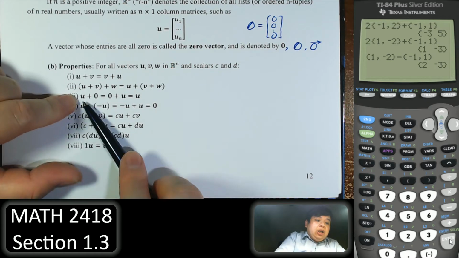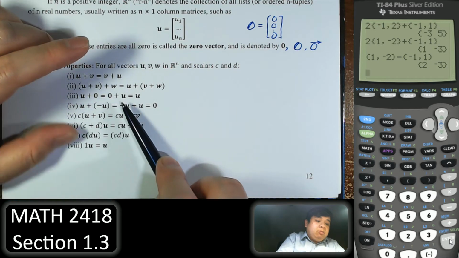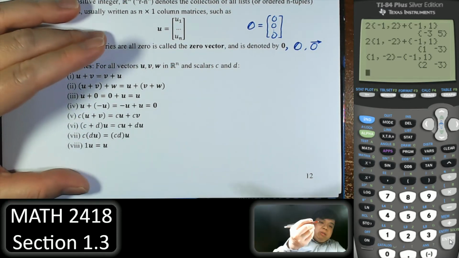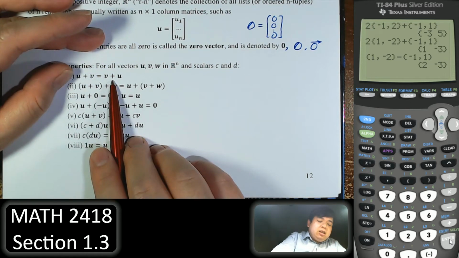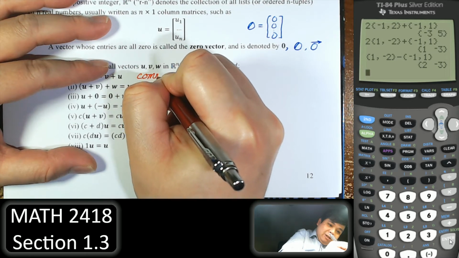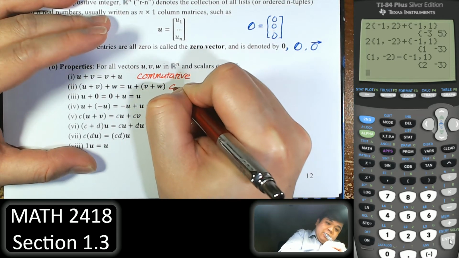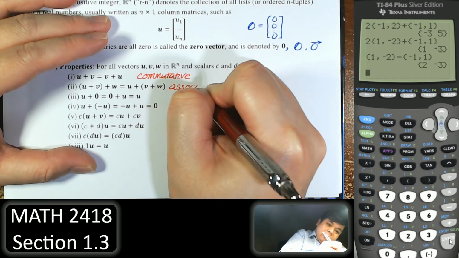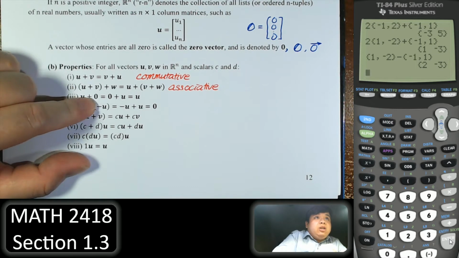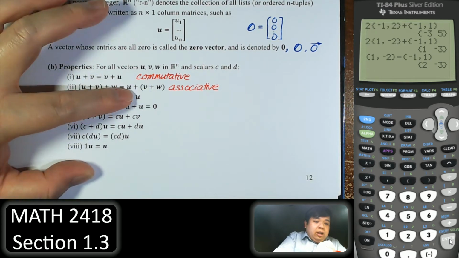Right. u plus the 0 vector is the same as the 0 vector plus u, equal to u. So this is the identity property. So let me say this is commutative. And this is associative. u plus the 0 vector is the vector u.